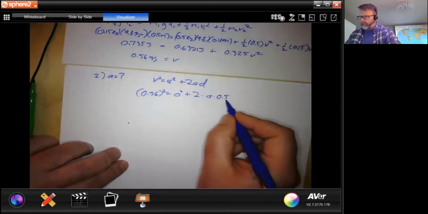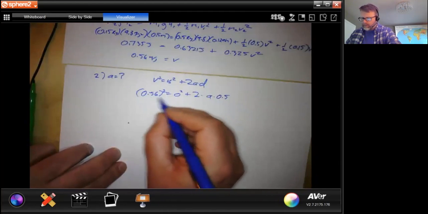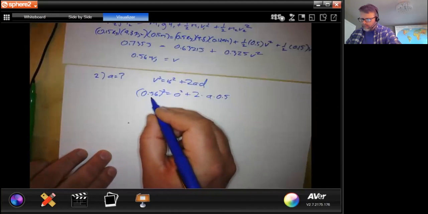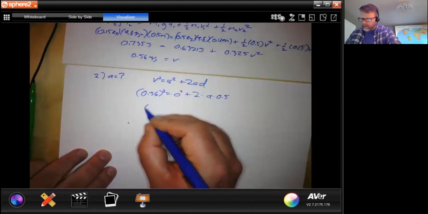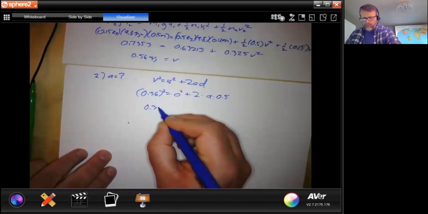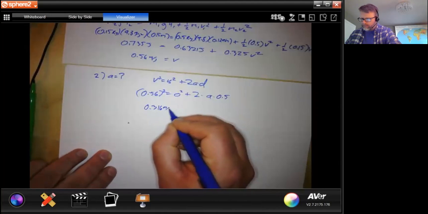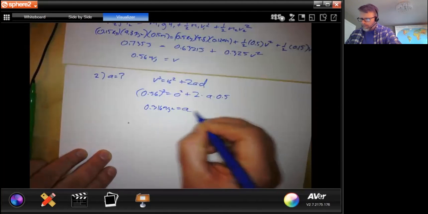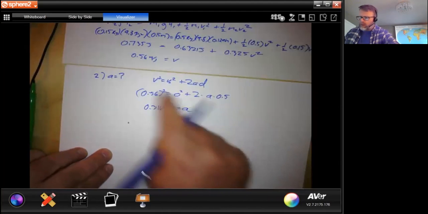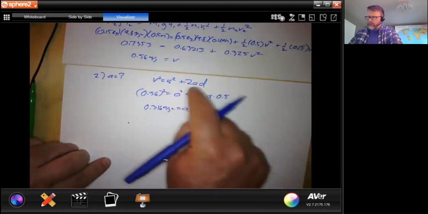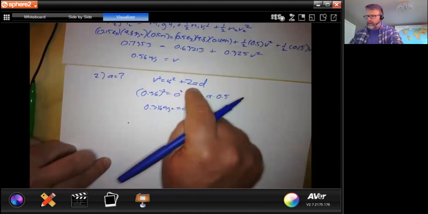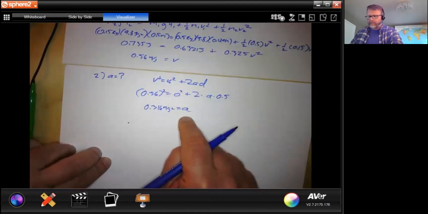Okay, 2 times 1/2 is 1. Okay, 0.56 squared is 0.0316. Okay, so as long as we have this, the hard part is finding this one. As long as we have that, the algebra becomes very simple.